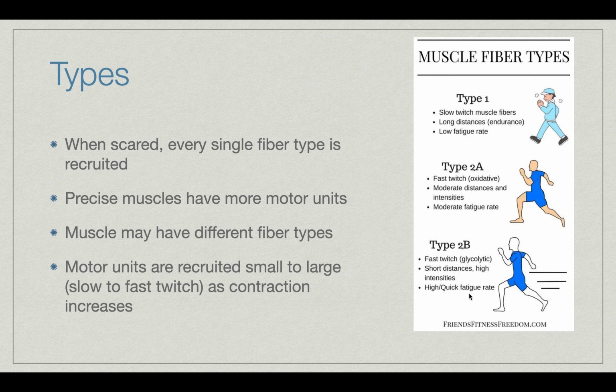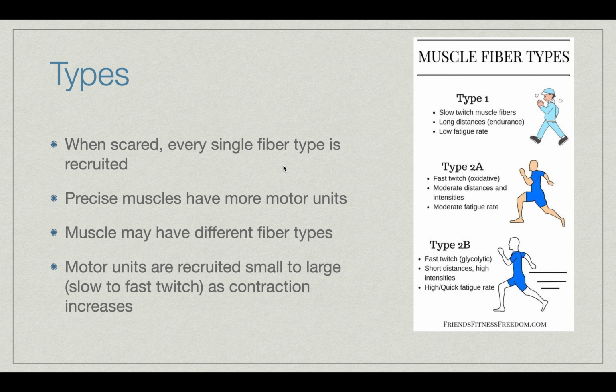And this is a little misleading, because all the muscles in our body aren't just divided by type 1, type 2A, type 2B. All of these are mixed in with our muscle. It just depends which ones are recruited, which ones are needed.